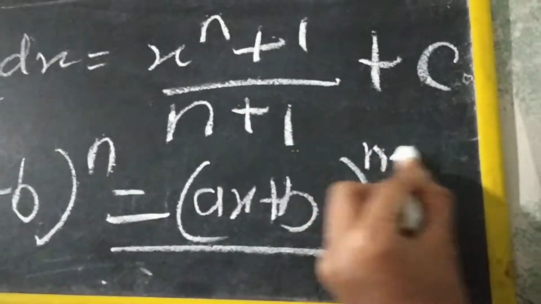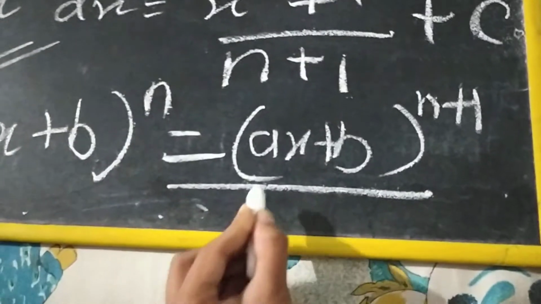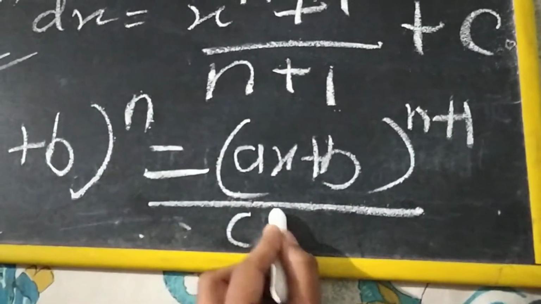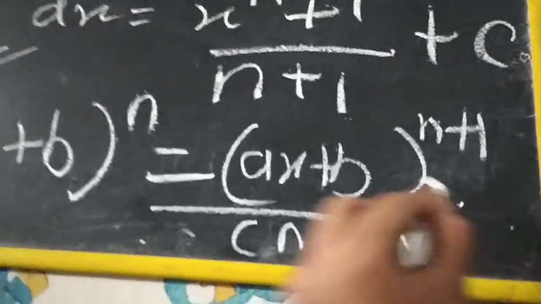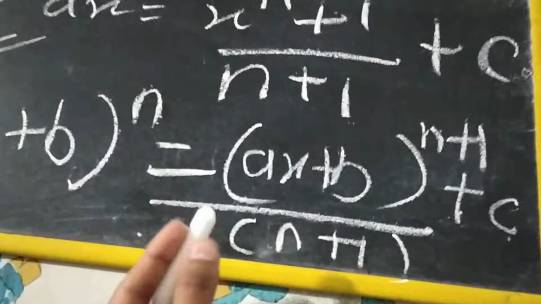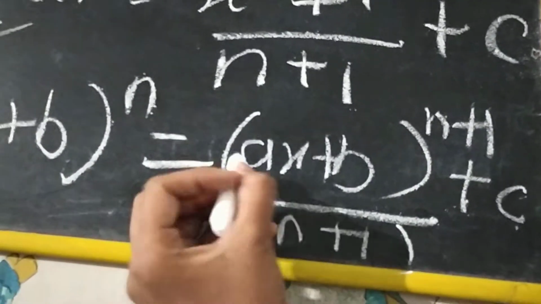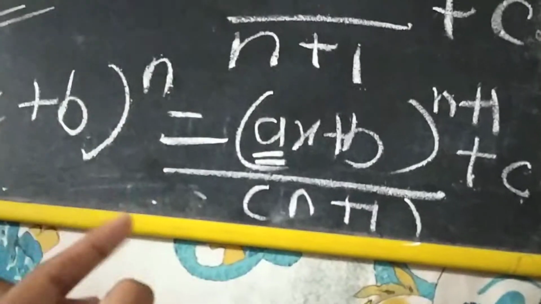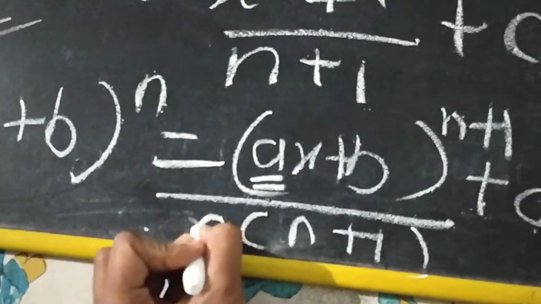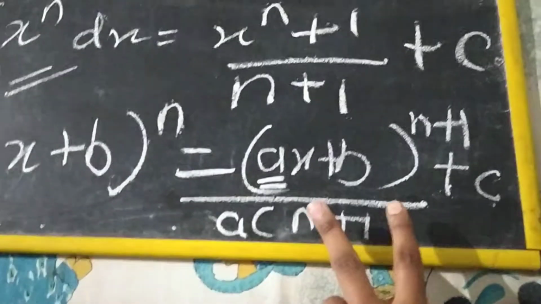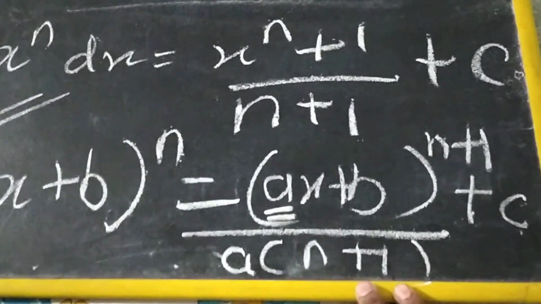Ax plus b raised to n plus 1, similarly here n plus 1, and now here comes plus c. Here comes the twist: you have to take whatever is the coefficient of x and multiply it with the denominator. That is the only change.